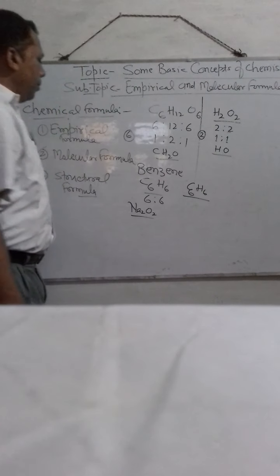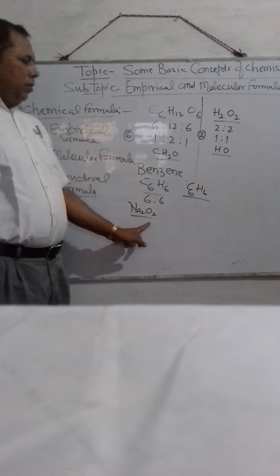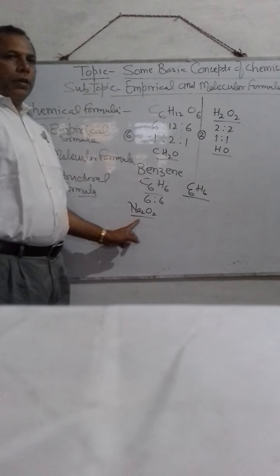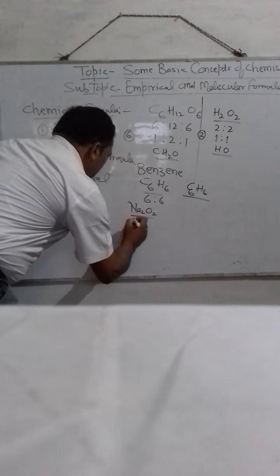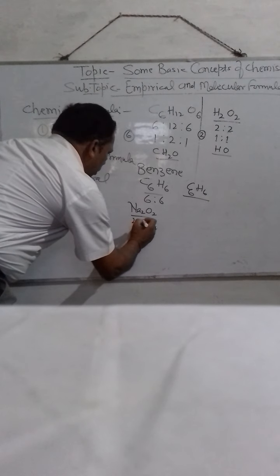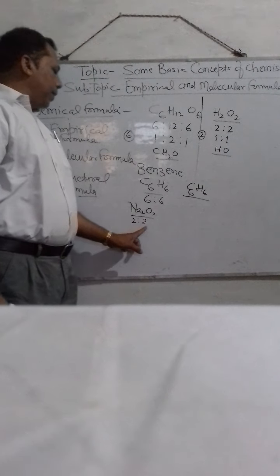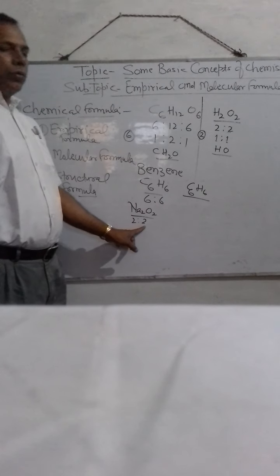Another example: suppose we have to represent Na2O2, the name is sodium peroxide. In this Na2O2, sodium peroxide, there are two atoms of sodium and two atoms of oxygen, present in the ratio of 2:2.